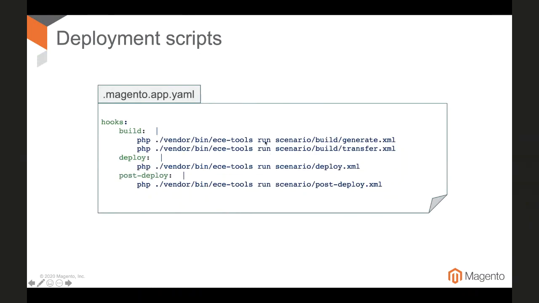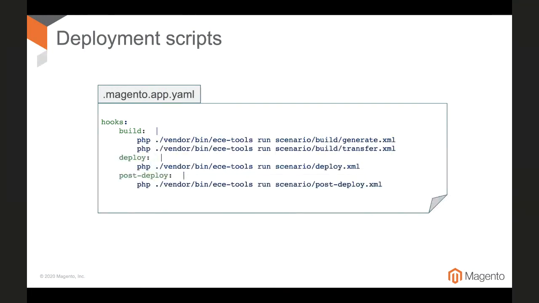So we implement the command run, and here you should set the scenario XML files, which steps should be running on the concrete hooks. But actually, these two are similar. No matter, even now you will have the same commands like in this slide, but it's similar to this one.